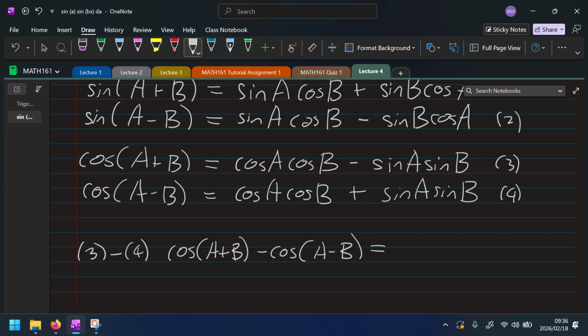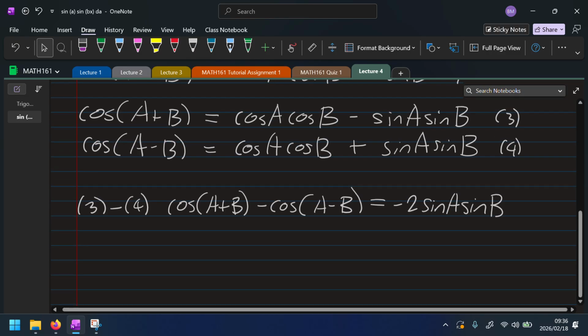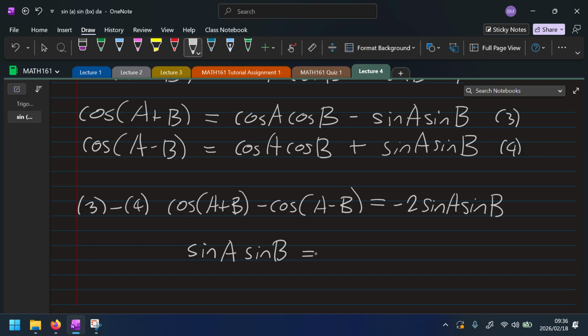We have minus sine A sine B, minus sine A sine B. That's going to double up. Then we take the minus 2 over to the other side, and we end up with sine A sine B is equal to 1/2 times cos A minus B minus cos A plus B.